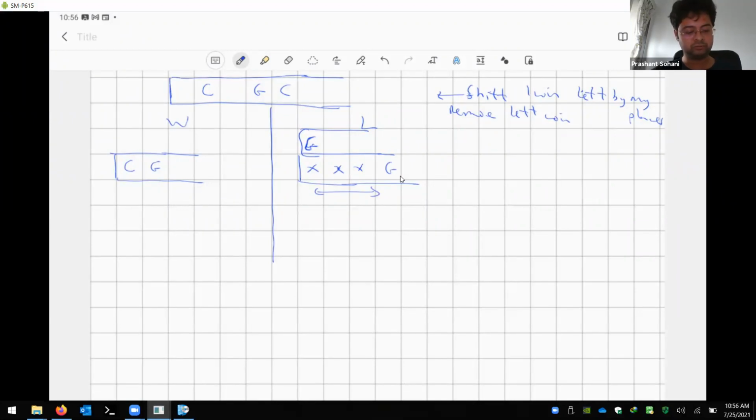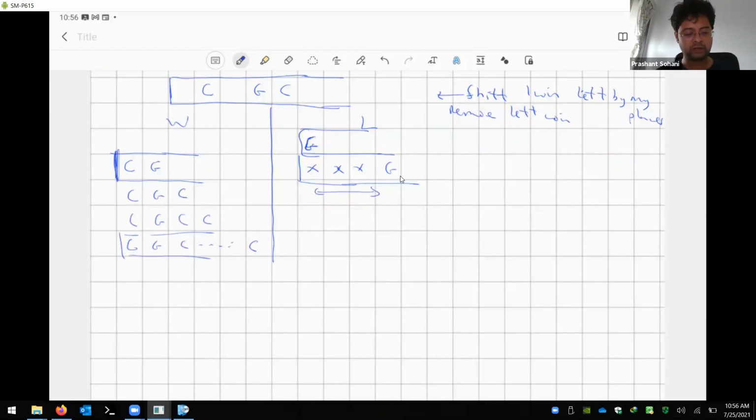I think you might have found a few other winning positions also, like CGC, CGCC, CG followed by any n consecutive Cs, so there should not be any gap. All of these were adjacent to the left edge of the board.